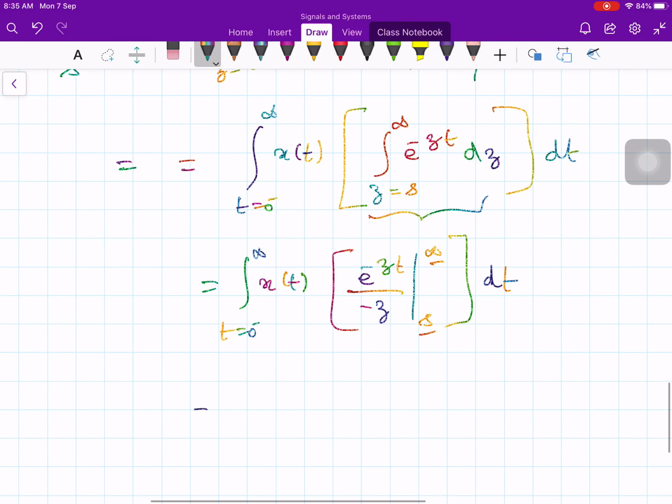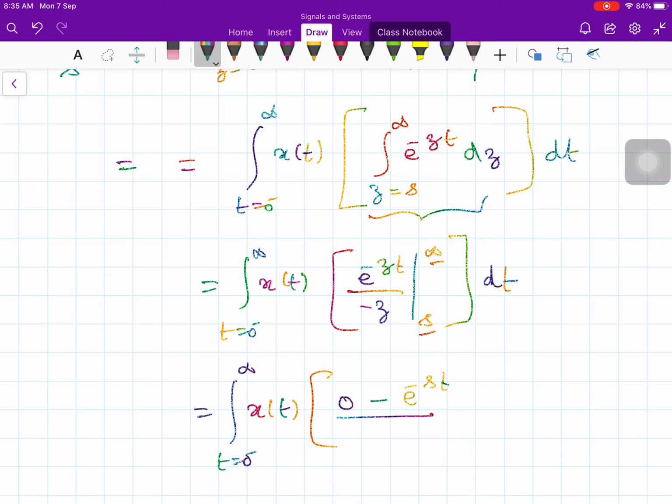So we have the integral from 0 minus to infinity of x(t), then 0 minus e to the minus st divided by minus z. I'm sorry. You are doing the integration with respect to z, right? So therefore the denominator is not z, it is t.